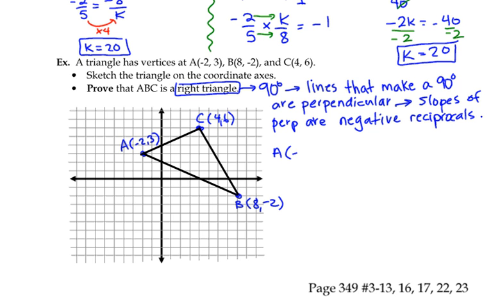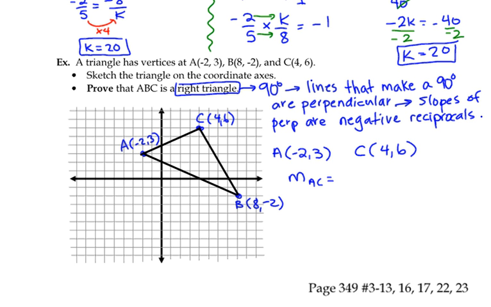So A is (-2, 3), and C is (4, 6). So we want to find our slope of AC. Now when you find the slope of 2 points, what are we going to use? Instead of rise over run, do we have something else? y2 minus y1 divided by x2 minus x1.